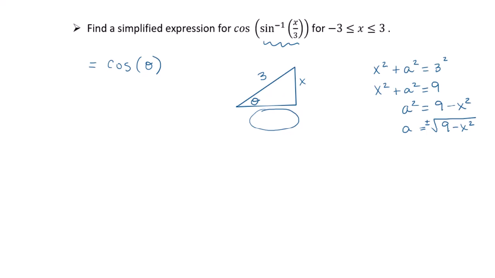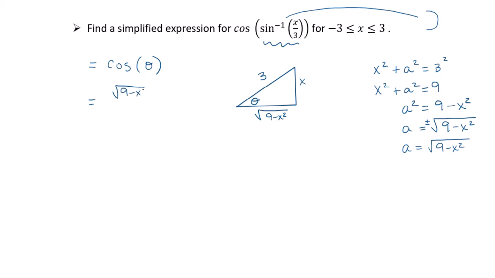Now, I know that the inverse sine has to draw from angles between negative pi over 2 and pi over 2. And the cosine there is always positive in that right half of the plane. So a will end up being the positive square root of 9 minus x squared. Now, the cosine of theta is adjacent over hypotenuse.